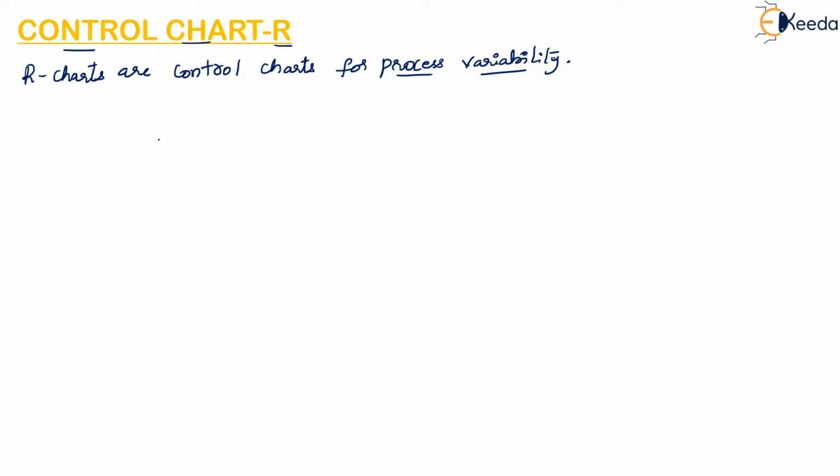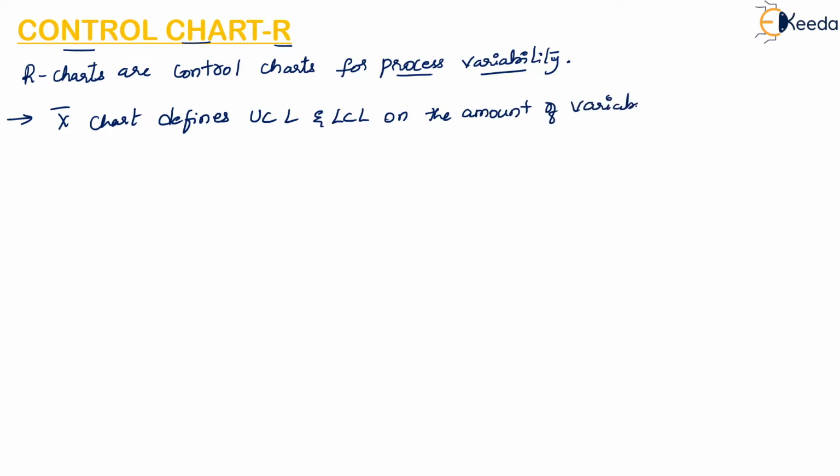The X bar chart defines the upper control limit and the lower control limit on the amount of variability we are willing to tolerate in the sample means. So we have studied the X bar chart, which defines UCL and LCL on the amount of variability we are willing to tolerate in the sample means.